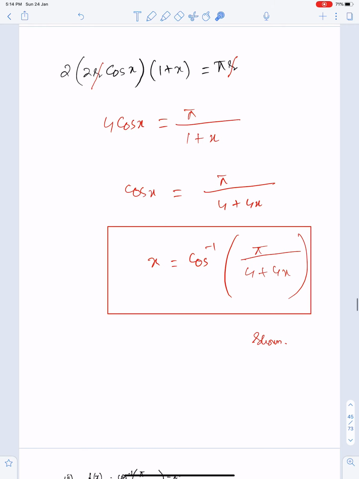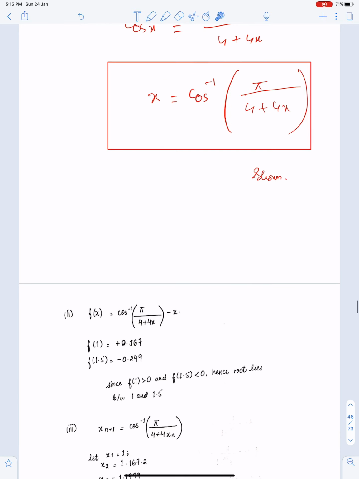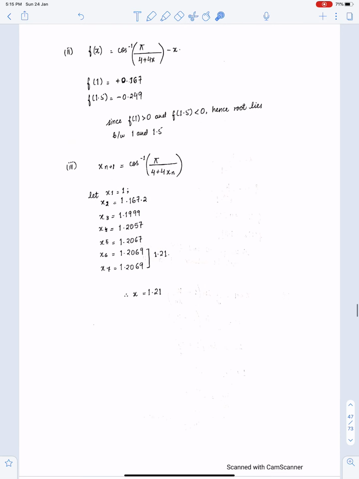I'm not solving the next part because the next part is simple. You can solve the next part yourself. If you want to take the screenshot of the next two parts, you can. This is part 2 and this is part 3.